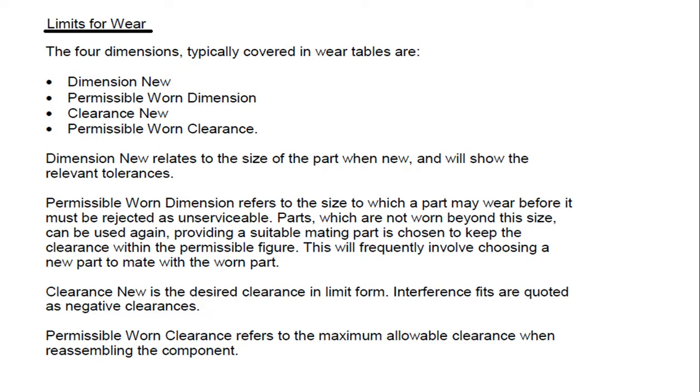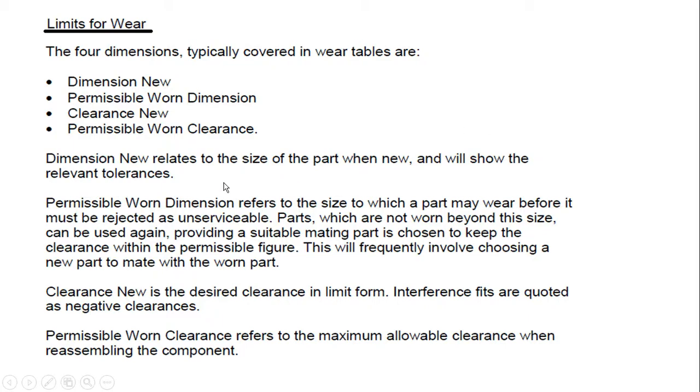Now come to the next point, the permissible worn clearance, which refers to the maximum allowable clearance when reassembling the component. Again the same thing, you have to check the clearance limit. If it is under your acceptance, go with the operation, and if it is not, then you have to reassemble or change the particular part.